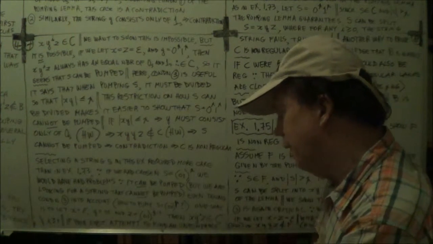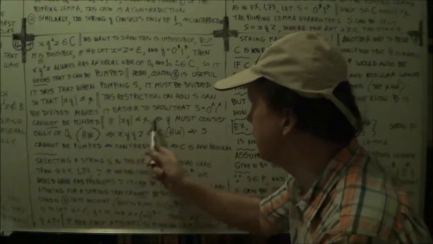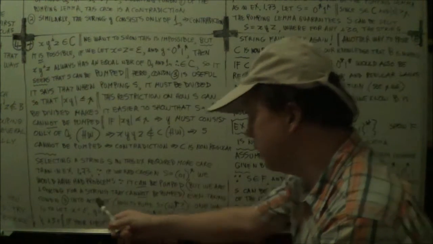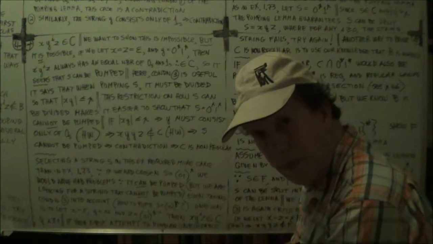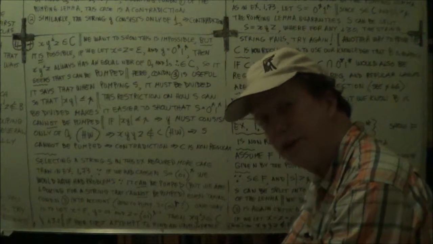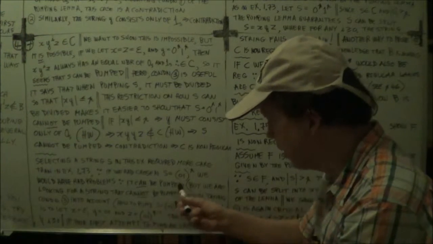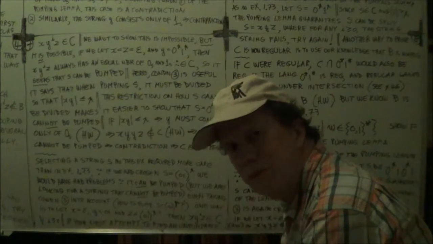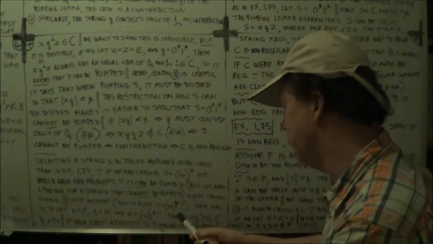Even if you take condition 3 into account, you still may get a string that can be pumped. So if you're trying to prove that your language is not regular, getting a candidate string S that you show can be pumped is a sort of waste of time, because you're looking for a string that cannot be pumped. That's the whole point.